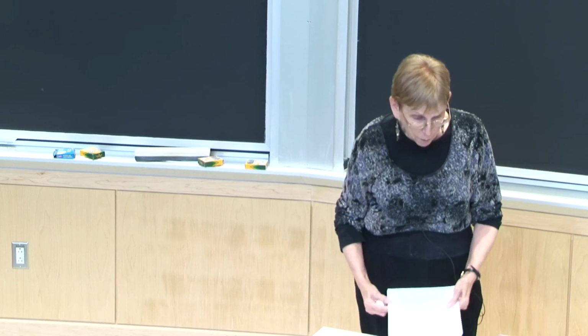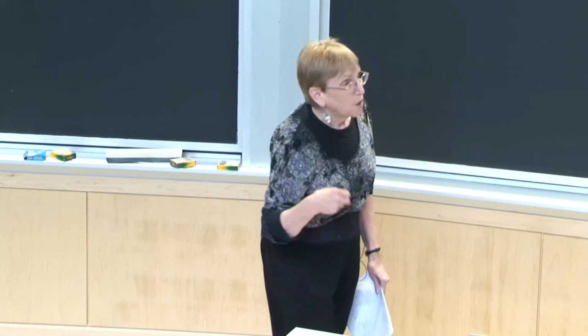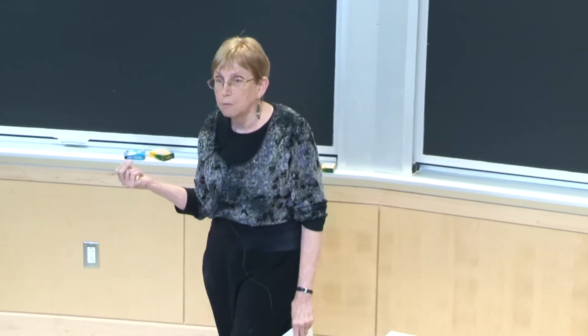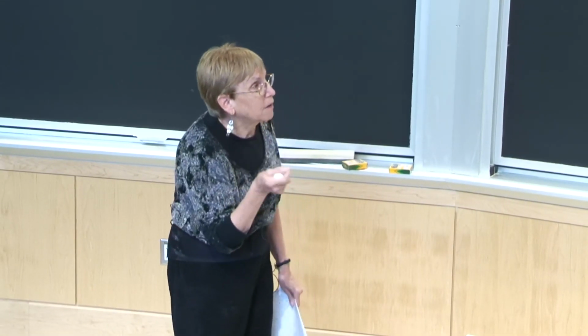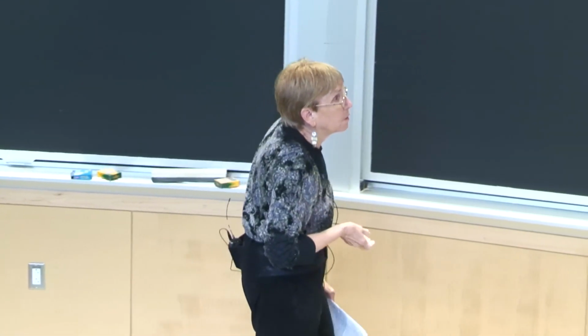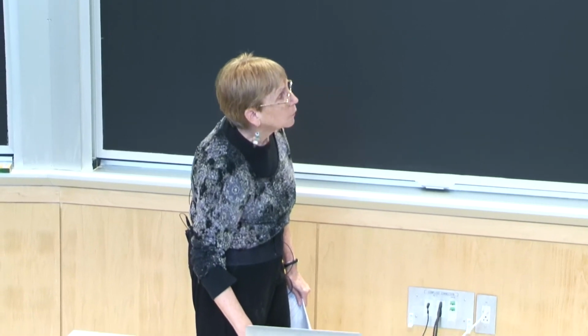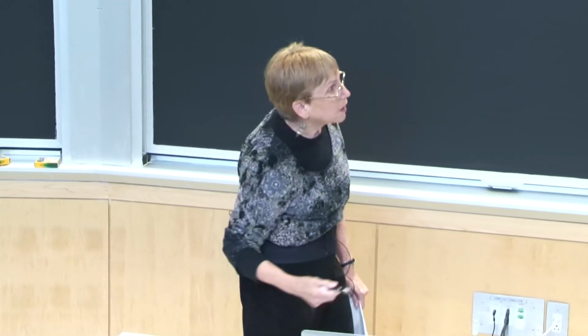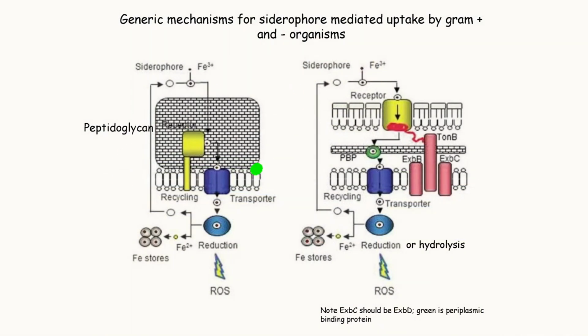Okay, so what I want to do today is hopefully finish up, or get pretty close to finishing up, Module 6, where we've been focused on bacterial uptake of iron into cells. In the last lecture, I briefly introduced you to gram-positive and gram-negative, big peptidoglycan, small peptidoglycan, outer cell membrane.